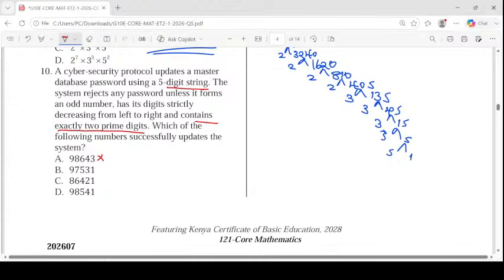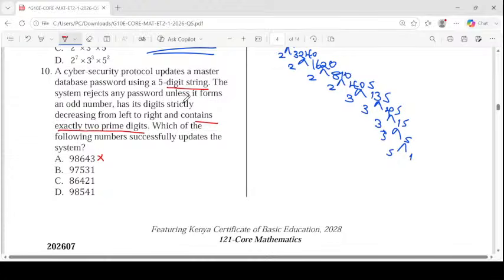What will it be? Let us think critically here, ladies and gentlemen. I promise you that the paper is a very good paper. You can now see how it is. So you know, the odd numbers here should be strictly decreasing.